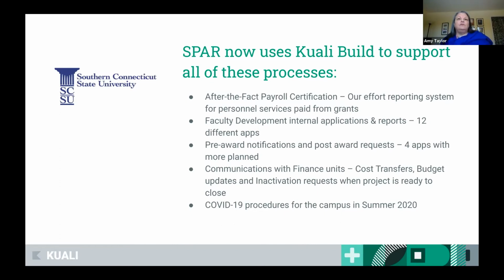Now, a larger institution might use a specific software for effort reporting, but because we're a smaller institution without a very large federal complement of grants, we were still developing our effort reporting system, and we were able to transform it into a process within Kuali Build, so that on a monthly basis, we generate a payroll certification form, send it to our PIs, and they approve it or deny it if there are errors.